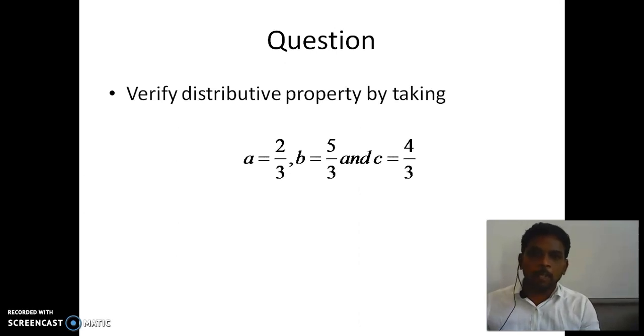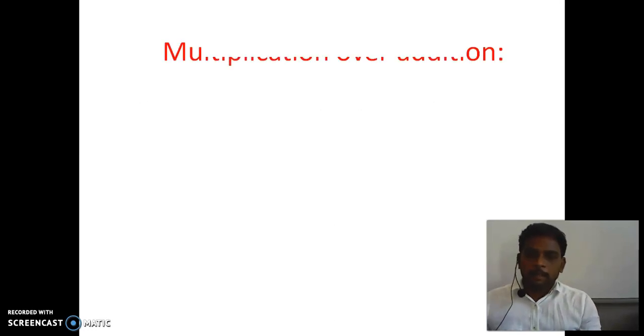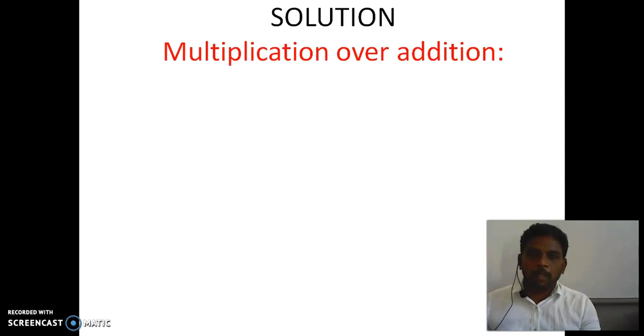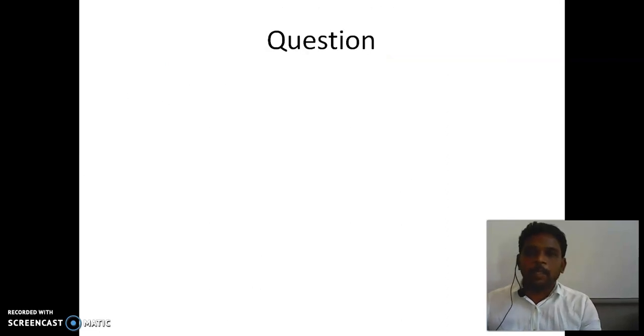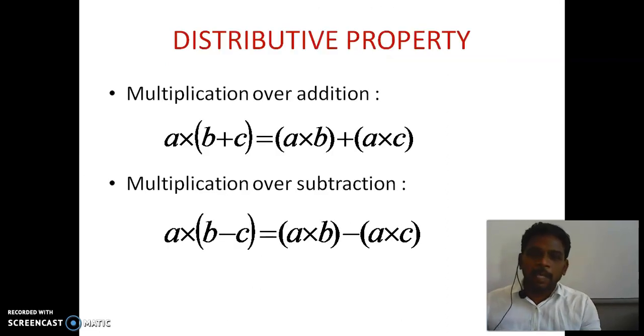We are going to verify the two distributive properties by taking A value, B value, C value. So first, in the first case, multiplication over addition: A into (B plus C).